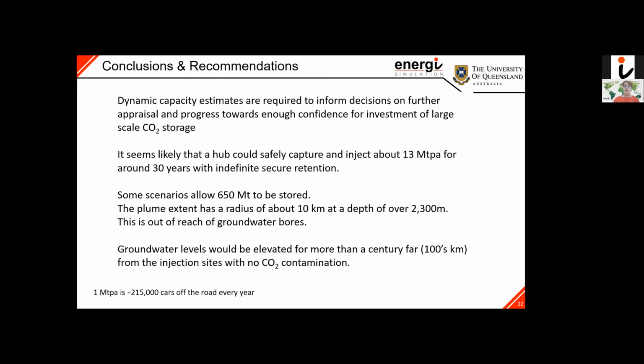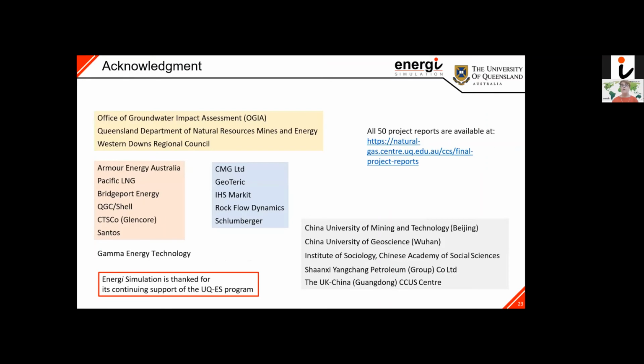The CO2 plume remains quite limited because it is injected deeply, and it's injected in regions of very small dip, so it's quite flat. Groundwater levels would be elevated for more than a century. And it's important to say that the fact that these water levels increase in wells has nothing to do with a lack of containment.